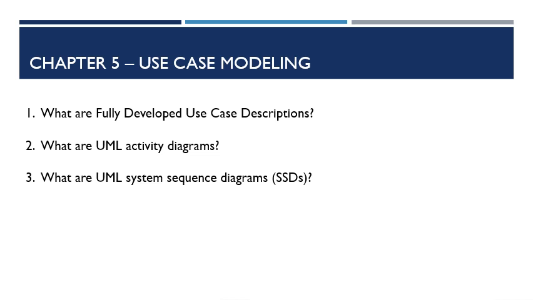Next, we have SSDs, or system sequence diagrams. So a system sequence diagram is a special type of UML sequence diagram that shows the sequence of messages between an actor and the automated part of the system during a use case or scenario. In the object-oriented approach, the flow of information is achieved through sending messages either to and from actors or back and forth between internal objects.